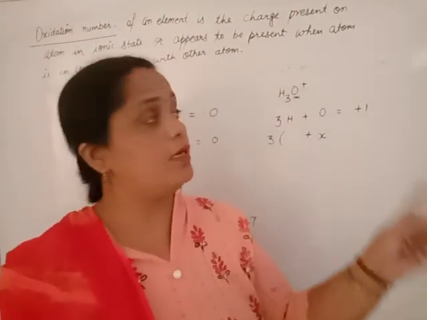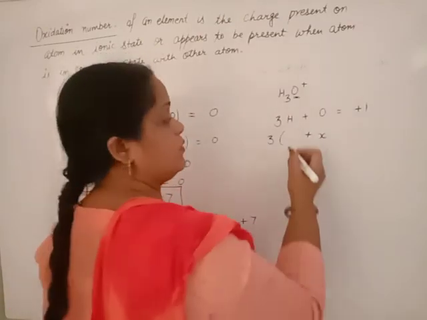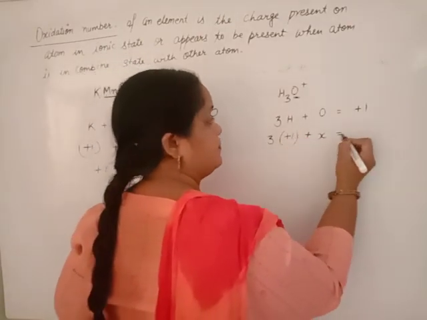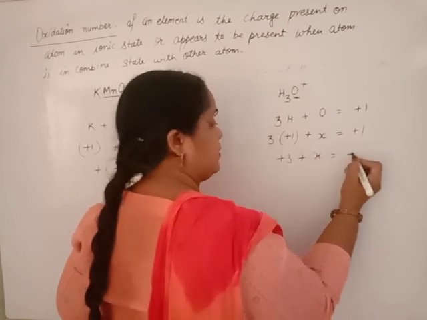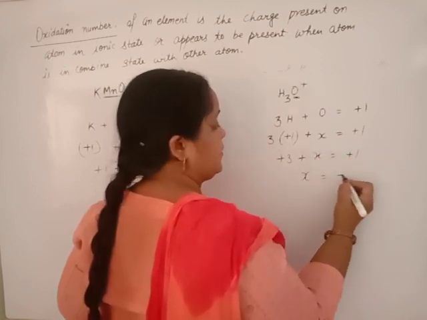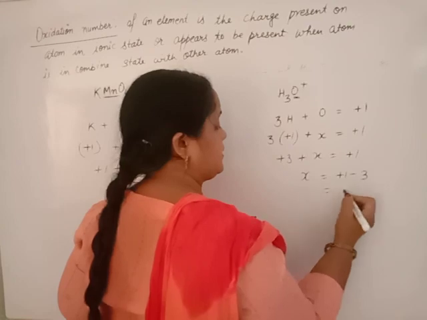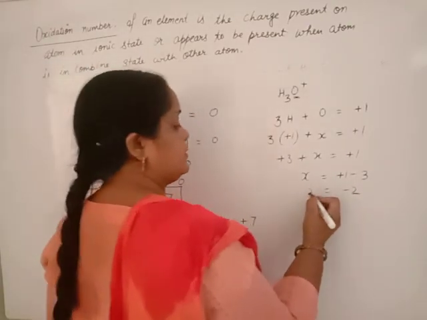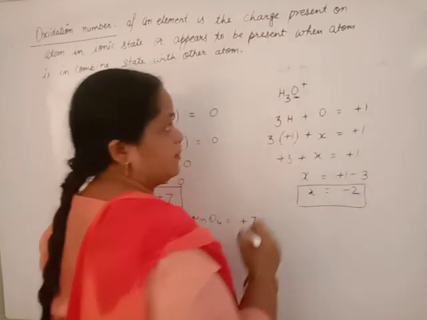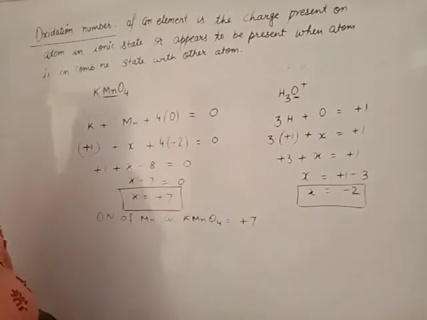With non-metal, hydrogen carries positive oxidation state +1. +3 plus x is equal to +1, x is equal to +1 -3, x is equal to -2, and your answer is -2. That means oxygen atom carries -2 oxidation number in case of H3O positive.